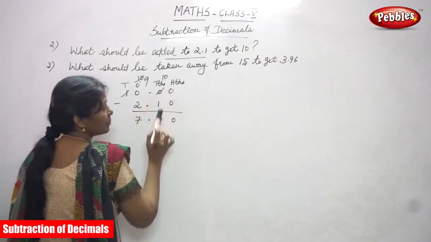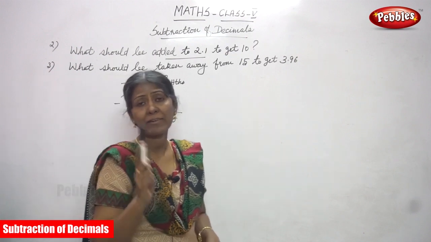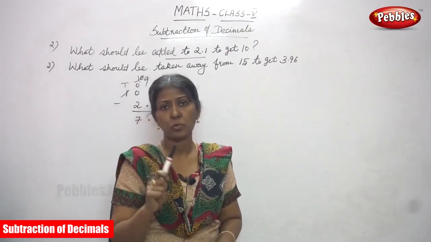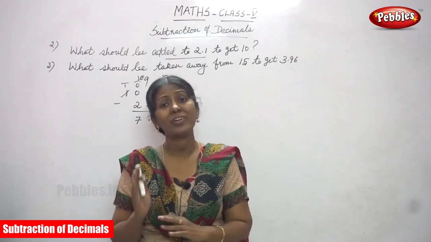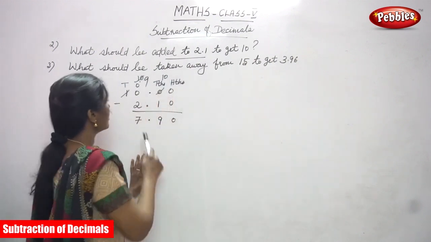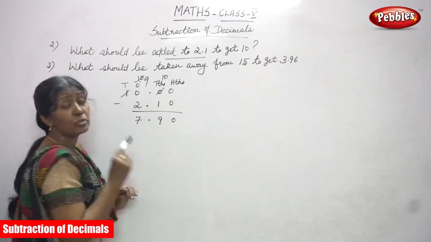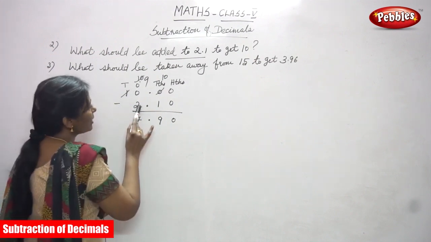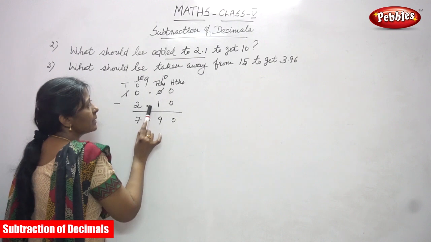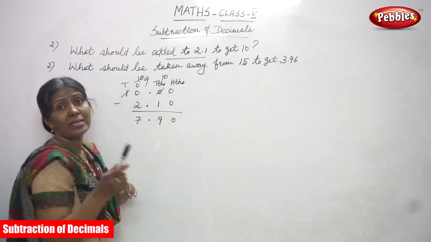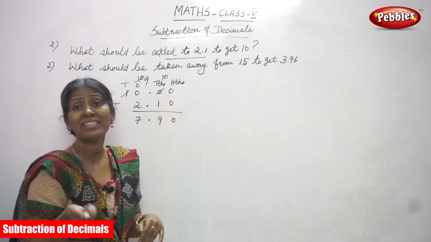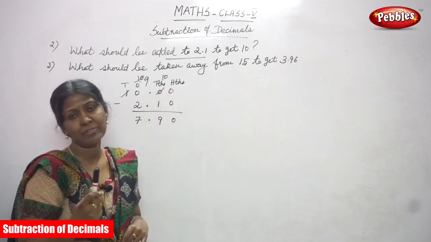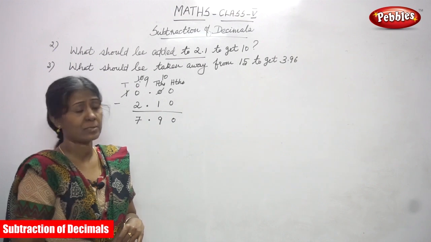In the 10th and 100th places there is no number, so I have written double zeros: one 0 for the 10th place and another 0 for the 100th place. Now I subtract 2.1. The 2 is in the 1's place, the whole part. Then put a point. After the point is the decimal part. The 1 is in the 10th place and there is no number in the 100th place, so I have written 0 there.